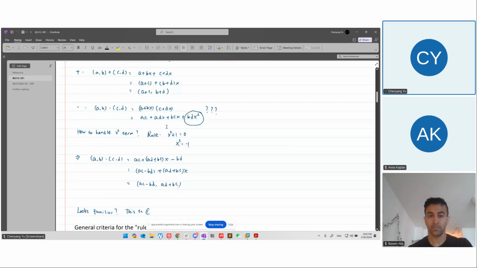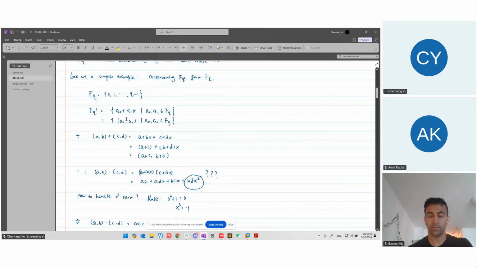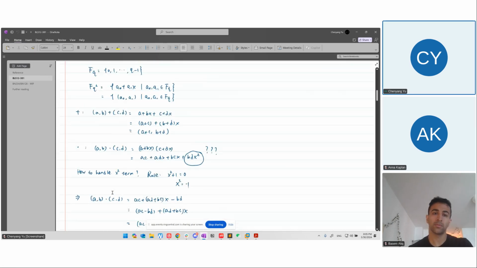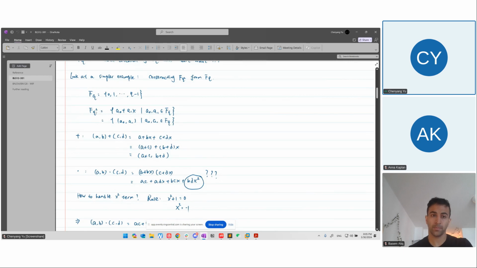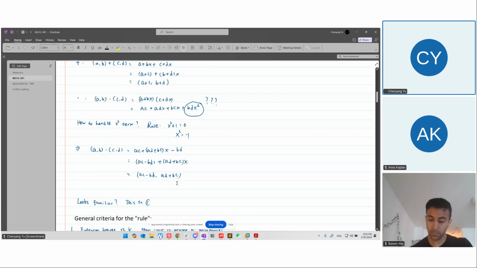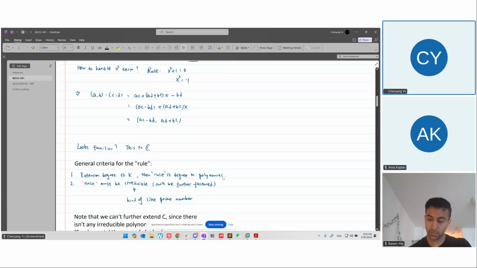So the rule, oh, no. Oh, this is correct. So extension degree right now is 2. So we are adding a degree 2 polynomial here. Okay, yeah, that makes sense. So in our case, R to C, extension degree is 2. Then the rule is a degree 2 polynomial, yes.